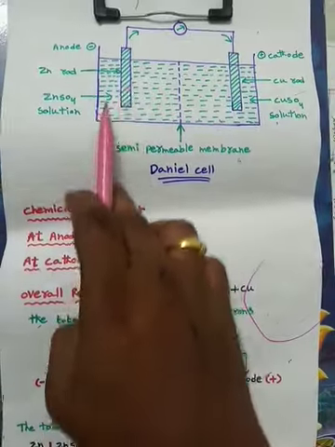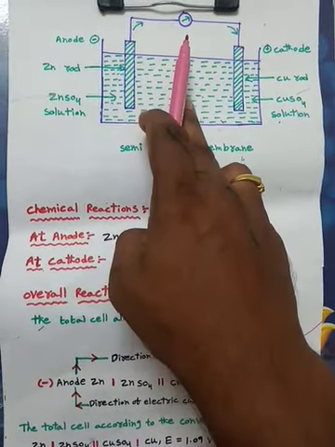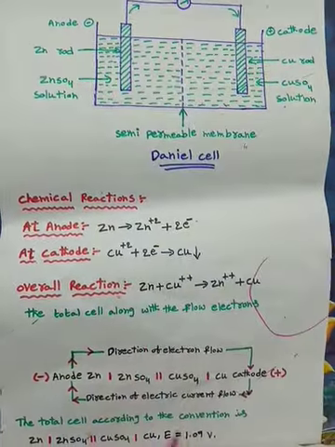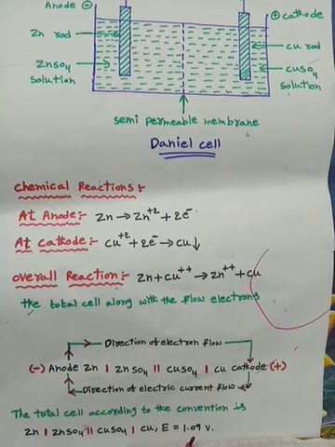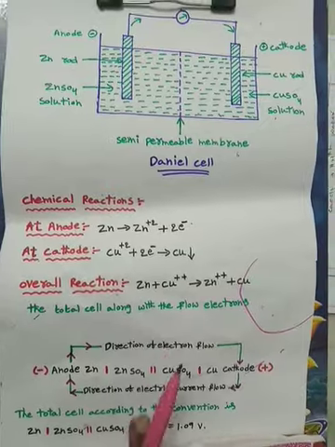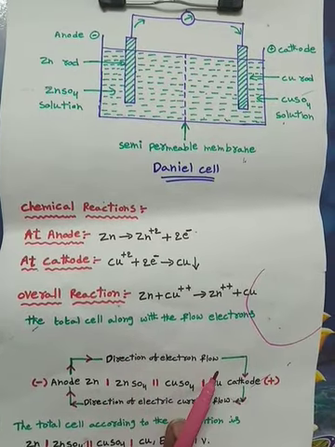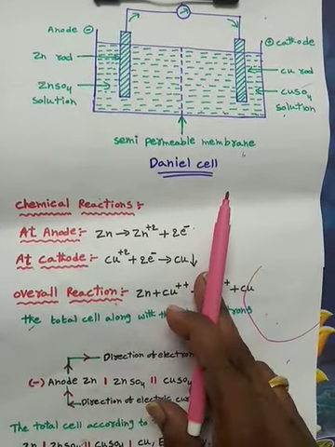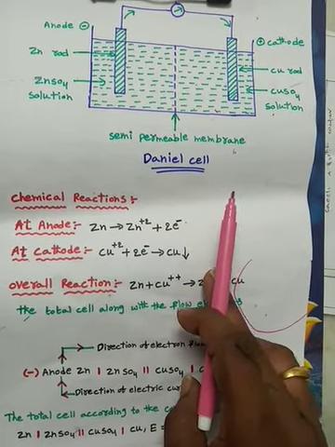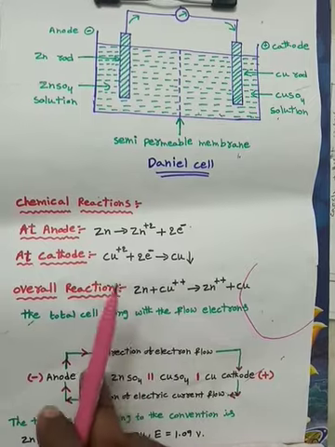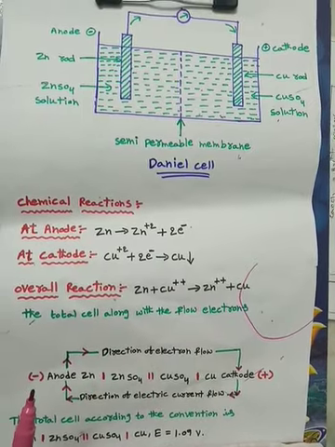So during the entire process we will observe the formation of current. This current has a voltage or potential of 1.09 volts. Okay, this is the explanation for the galvanic cell or the Daniel cell. This is a very important topic. Diagram as well as chemical equations both are very important.